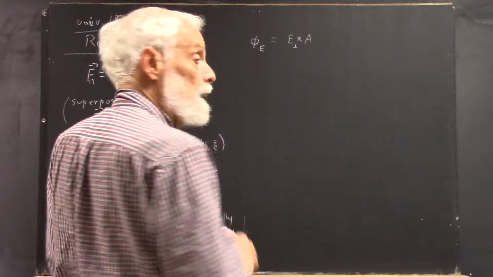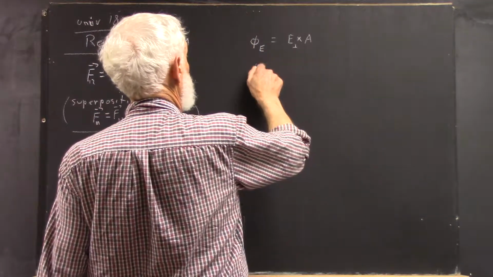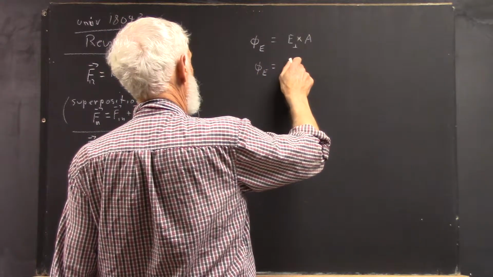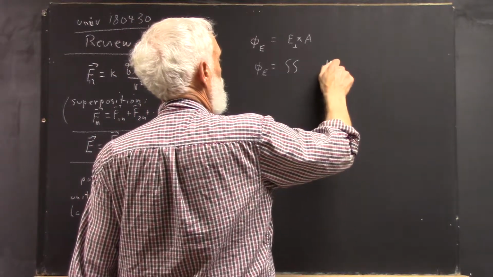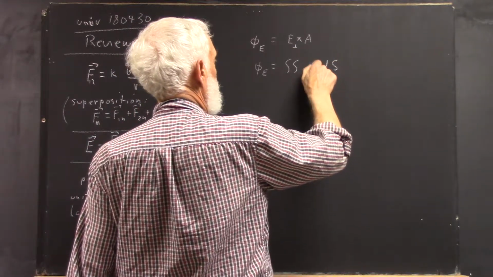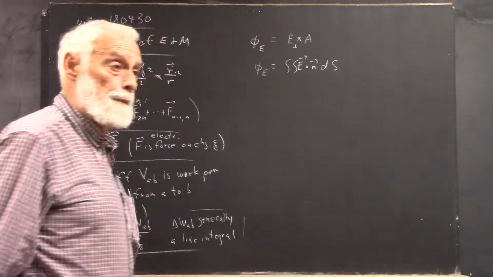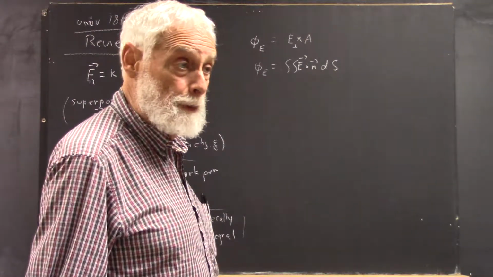Now, more formally, because you know the multivariable calculus, it's the integral over the surface of E dot n dS, where n is normal to the area increment.